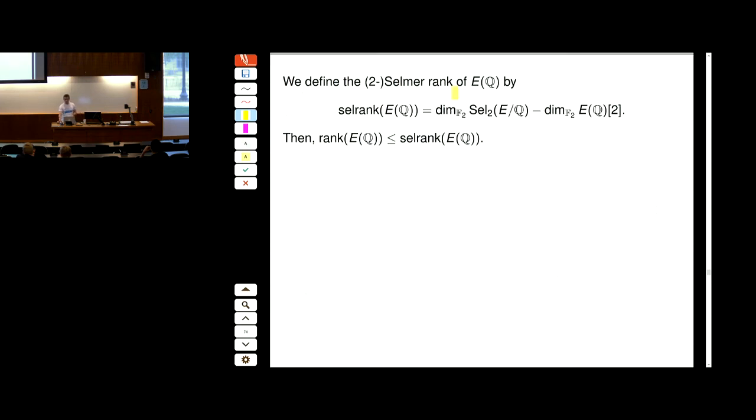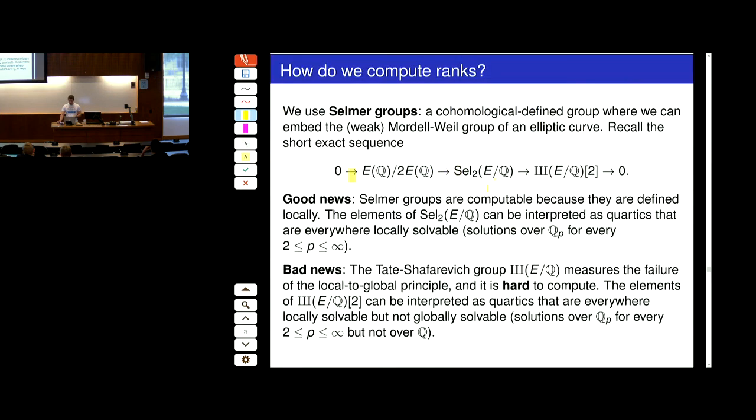We are interested in the Selmer groups because, by the way, this is an F2 vector space. So we're just talking about F2 vector spaces, and this embeds in here. So the dimension of this is less than the dimension of this. And there is also one piece that comes from here, which is the 2-torsion.